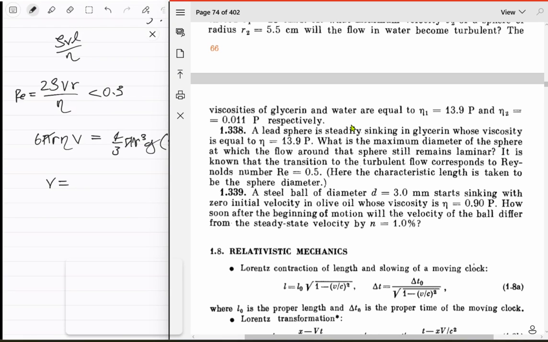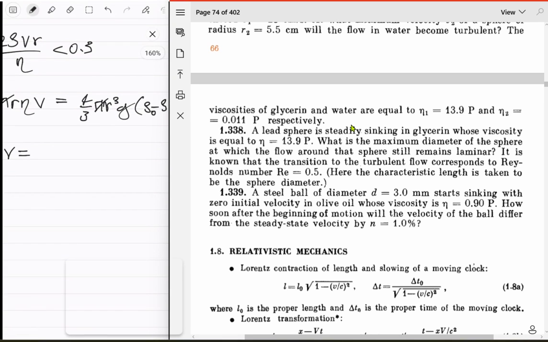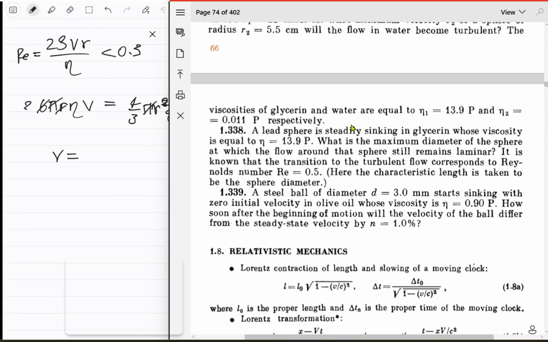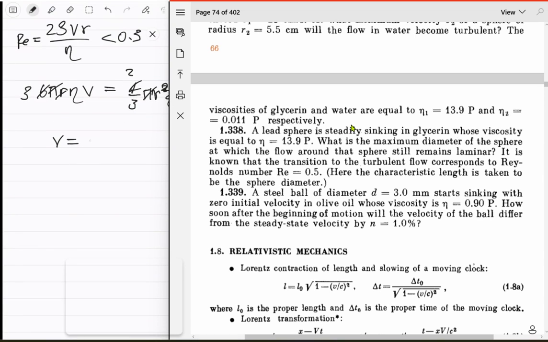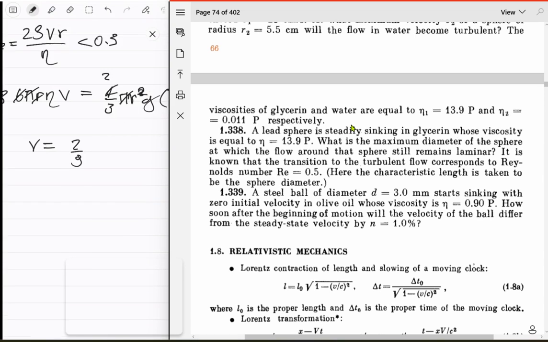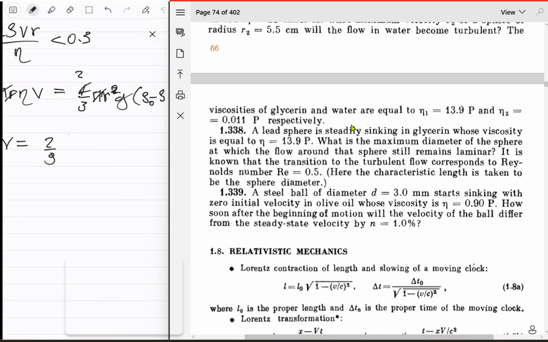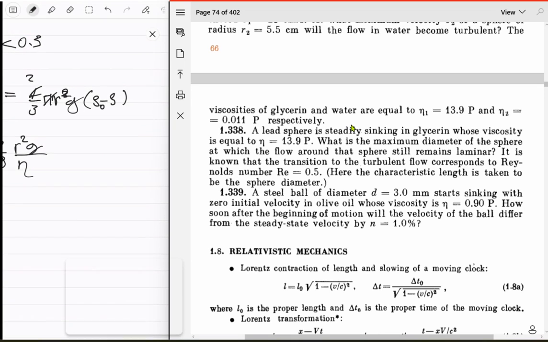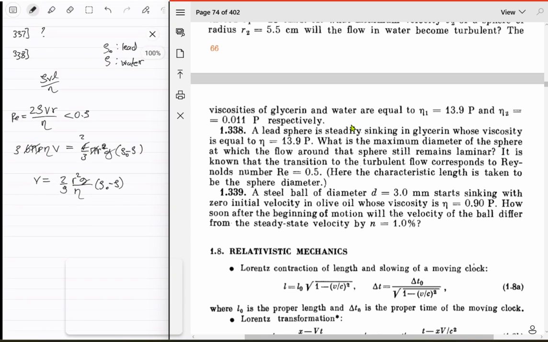Some stuff cancels. This becomes r squared, and then this becomes 3. This becomes 2. It's like this is equal to 2 upon 9 times r squared g upon eta, and that's of rho naught minus rho, or whatever. So we just have to put that in there.